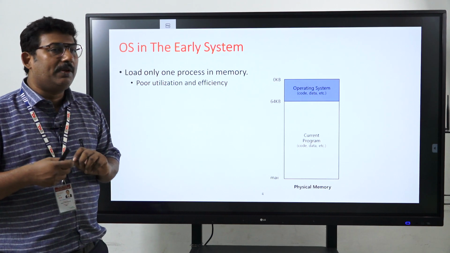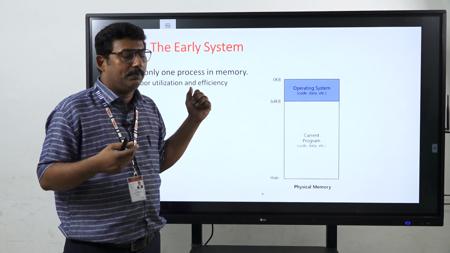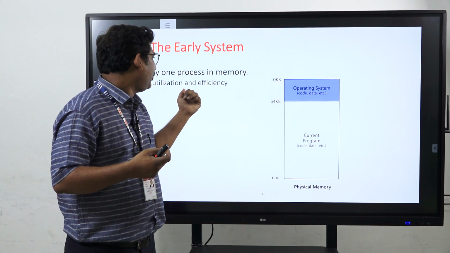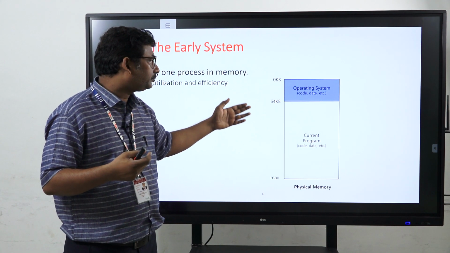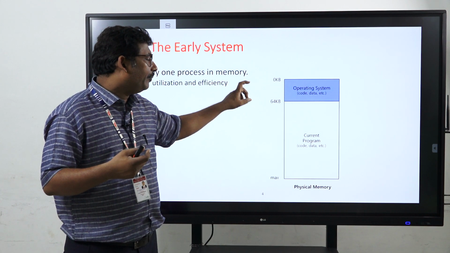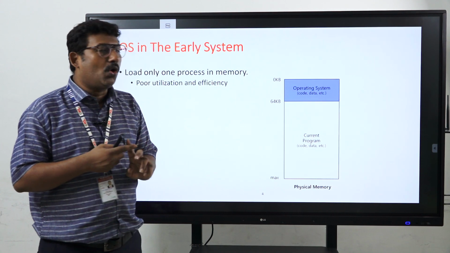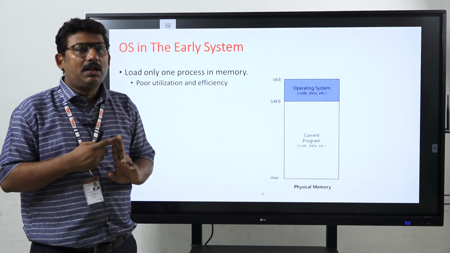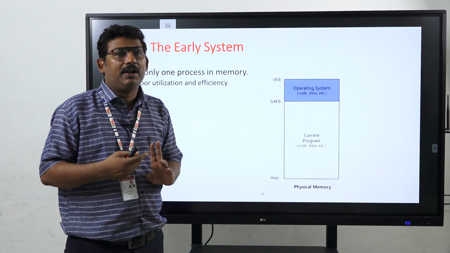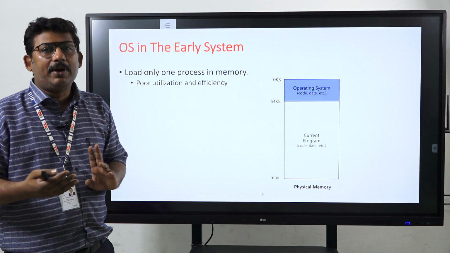Here the process will be very slow, with poor utilization and efficiency, and the operating system works based on only one process. Code and data are the two basic factors here, whereas when we come to virtual memory, different processors are used on the memory.